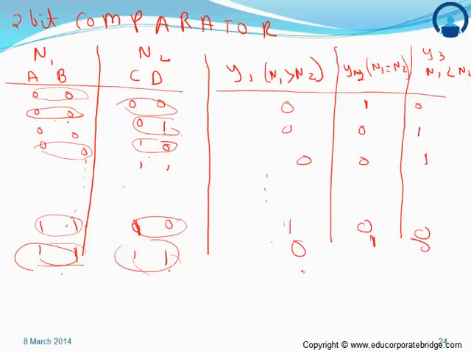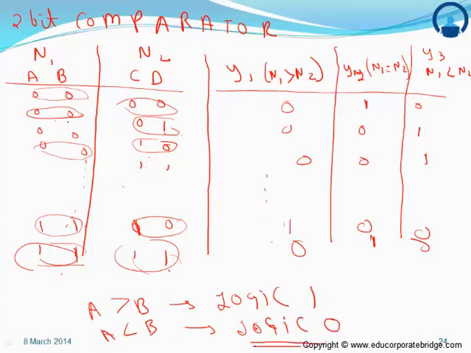So in general, if A is greater than B, we take it as logic 1, and if A is less than B, we take it as logic 0.